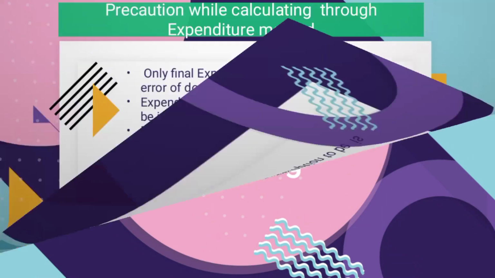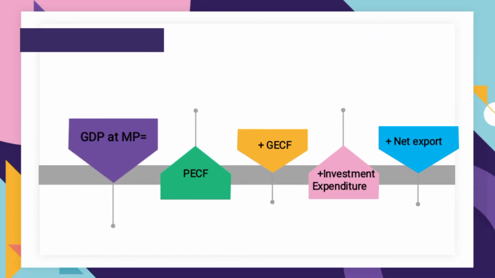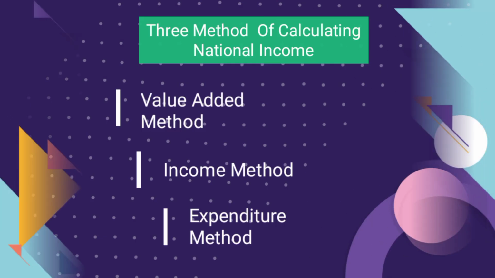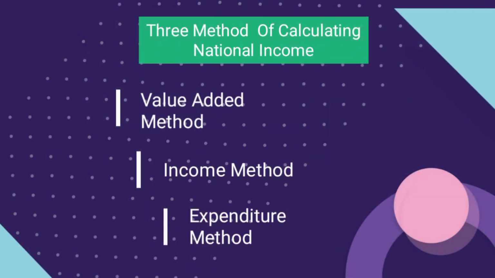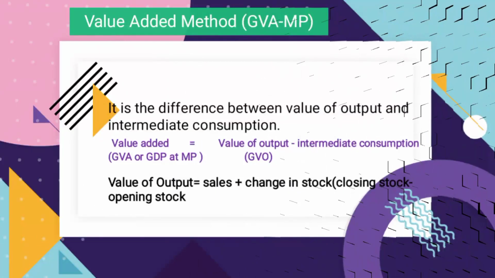So let's recapitulate what we have studied till now. We have learned three methods for calculating national income: value added method, income method, and expenditure method.